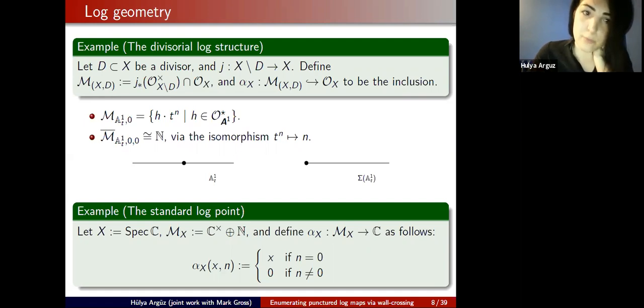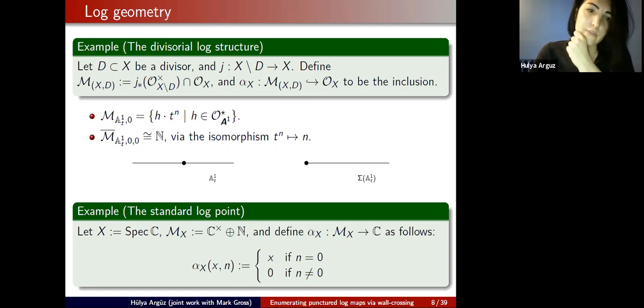And if you forget about invertible functions, you just have t to n, and then you can define your isomorphism. Your Gauss sheaf will just have stalk N if you define the isomorphism mapping t to n, where n is a natural number. So this is the discrete part of the log structure given by Gauss sheaves, which we use to define the contact data that I mentioned.